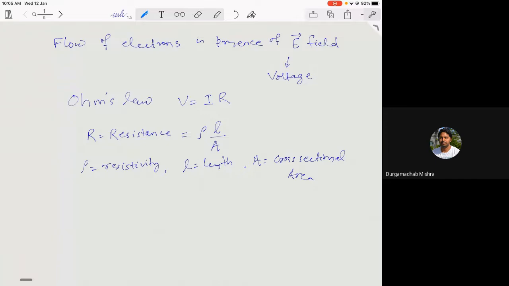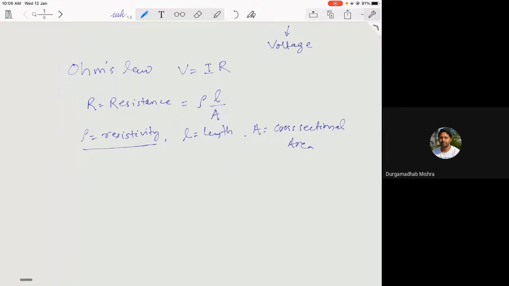And this resistivity doesn't depend on the dimension of the material, so that means it doesn't depend on length and the cross section, and therefore you can compare different materials based on their resistivity.